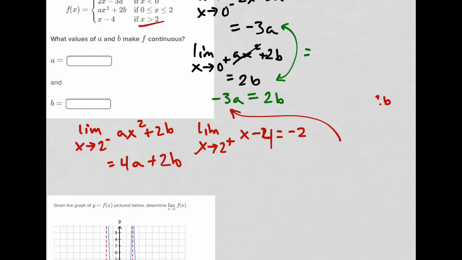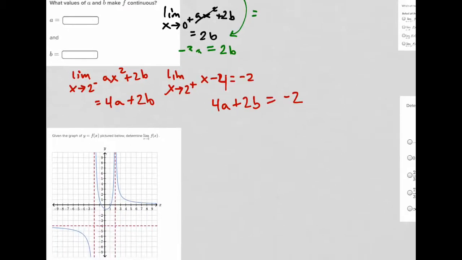So that's wrong. I just copied it down wrong, all right? Settle down. Give me a break. God. So that would be negative 2, so it's negative 4. No, not negative 4. Come on. I'm tired. 4a plus 2b. I feel like I'm going to sneeze. Has to equal negative 2. Yep, I sneezed.